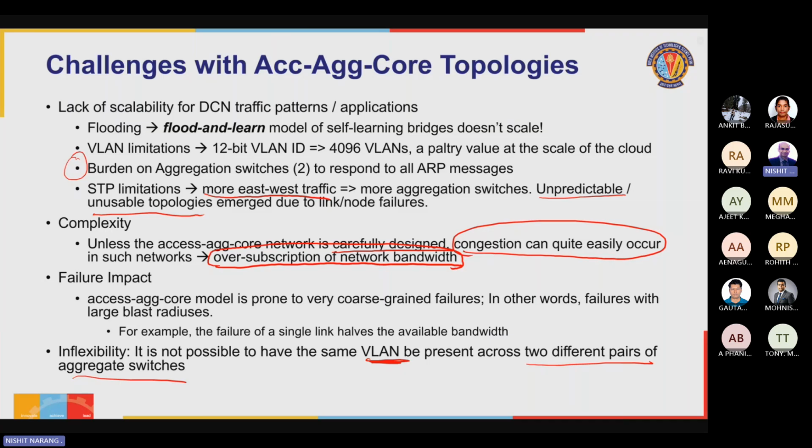VLAN causes a problem because you have only 4096 virtual networks that you can create. Aggregation switches get a lot of burden. Spanning tree protocol starts to show unpredictable behaviors. Oversubscription of bandwidth grows to phenomenally high levels. Failures start showing large blast radiuses, and the network overall becomes highly inflexible. These are the 7 or 8 problems that you see with access aggregation core topologies as you scale the network to more servers and more switches.